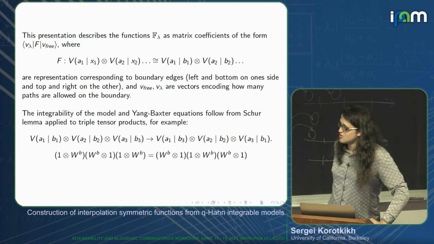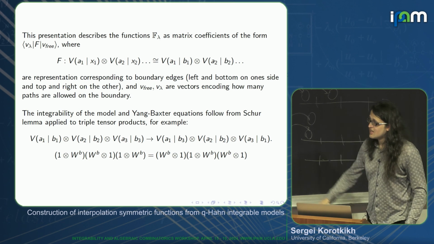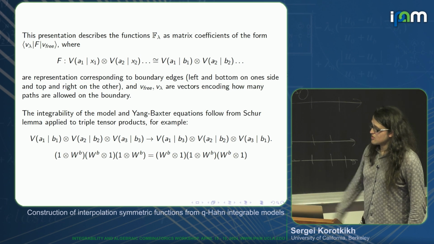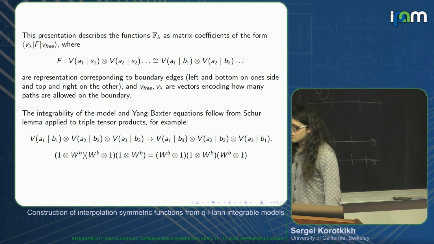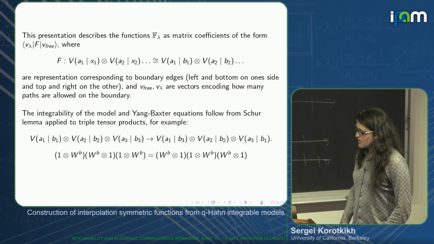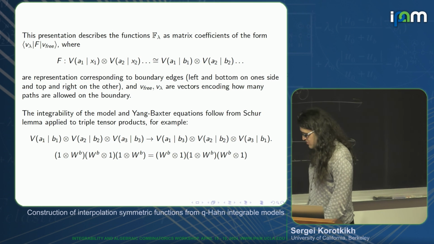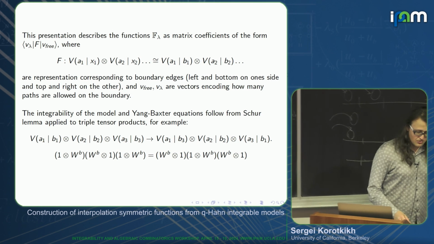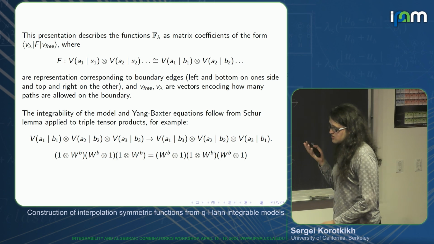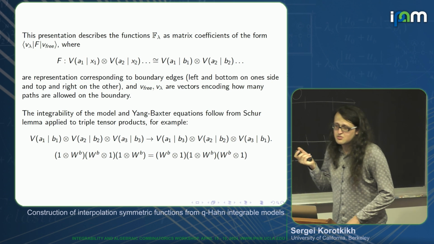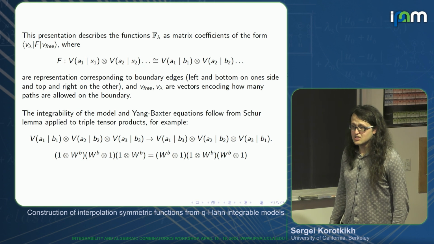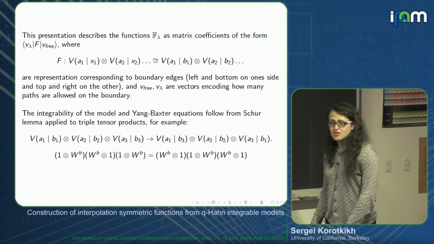You take tensor products which depend on what's happening on the left boundary, you take tensor products of what happens on the top boundary, and then you take the vectors on the left and on the right which encode the boundary conditions. This whole partition function can basically just be interpreted as a certain matrix coefficient, and all this integrability property, all this symmetry and so on, just follows from certain applications of Schur's lemma, when you have several isomorphisms between irreducible representations and they must be equal to each other.